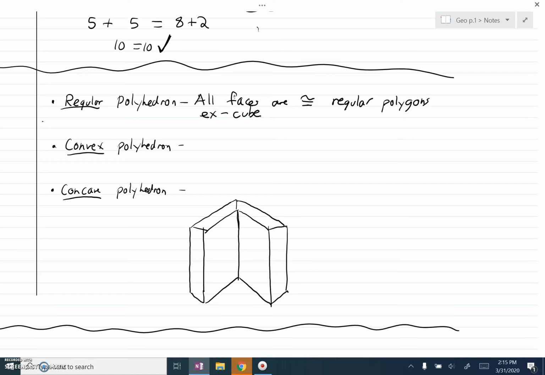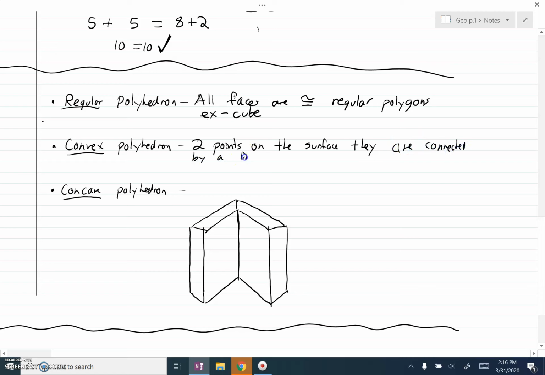When you're looking at 3D shapes, the way we define this is if you have 2 points on the surface in a convex polyhedron, they are connected by a line through the figure.